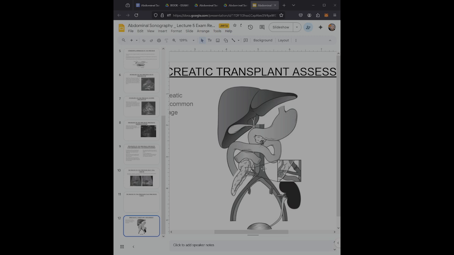As you can see, the abdominal aorta is split into the iliac arteries, and here is the Y graft. There is a zoomed in image representing your superior mesenteric as well as your splenic artery being connected with the donor iliac artery.